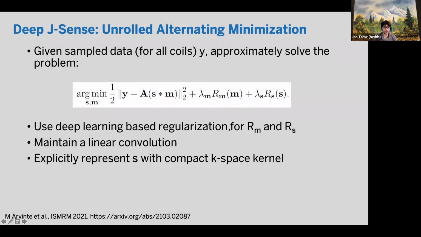We'll use deep learning for the regularizations, and we'll have a regularizer for both the image and for the sensitivity maps. And we'll explicitly represent the sensitivity maps with a compact k-space kernel because we want to explicitly impose the smoothness prior. And as a secondary benefit, it also reduces computation because we don't need to represent the maps explicitly as a full-sized kernel.